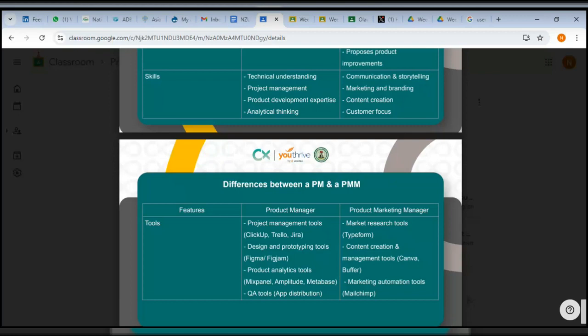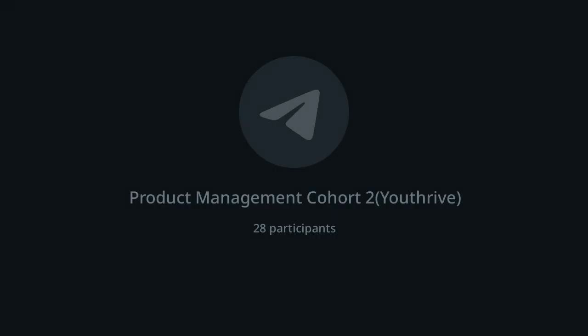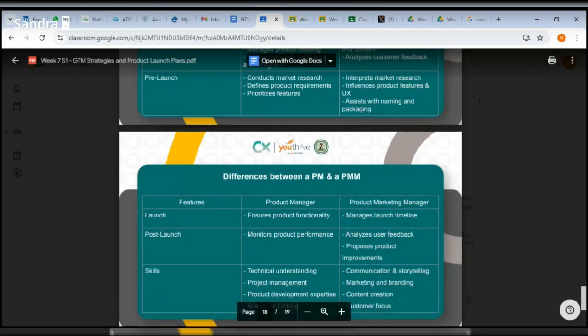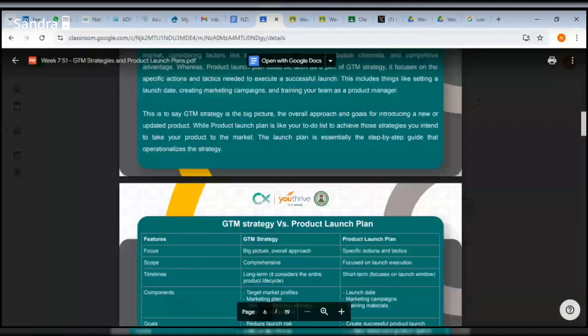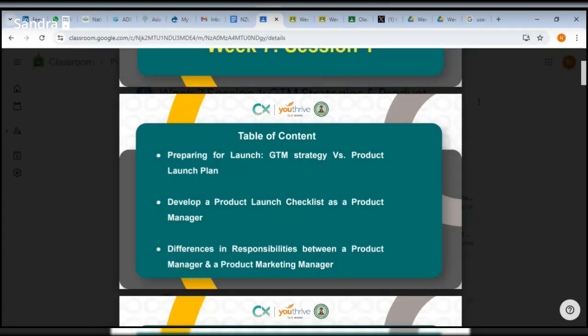So this is our last slide for this session. Now I want to do a quick review of what we've discussed. We discussed preparing for launch and an understanding of the difference between go-to-market strategy and a product launch plan.